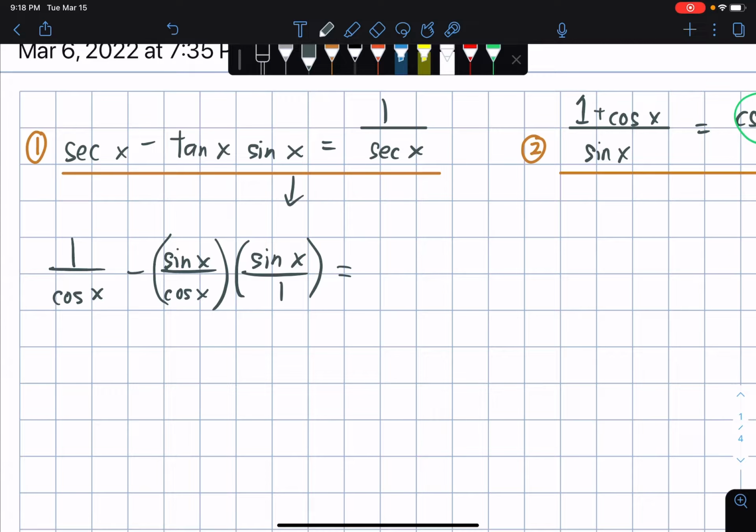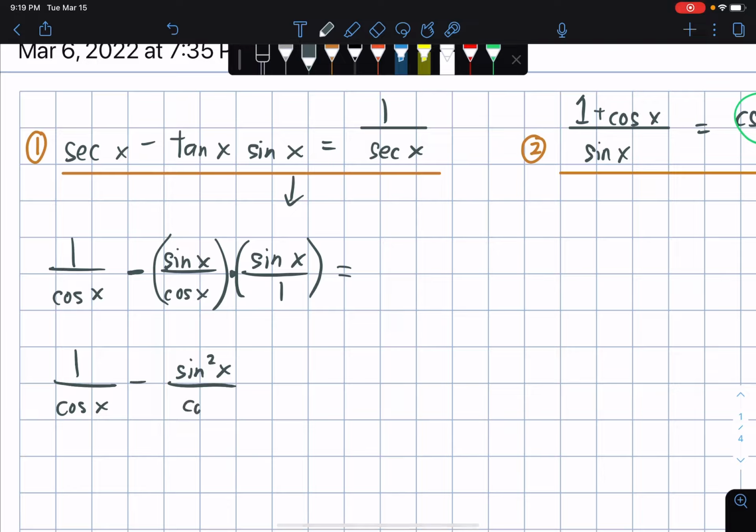So let's proceed to applying the PEMDAS rule. We have to simplify this first, because multiplication goes first before we do subtraction. So just copy 1 over cos x, then place a minus sign. We can't simplify anything there since there are no like terms, so we just multiply them.